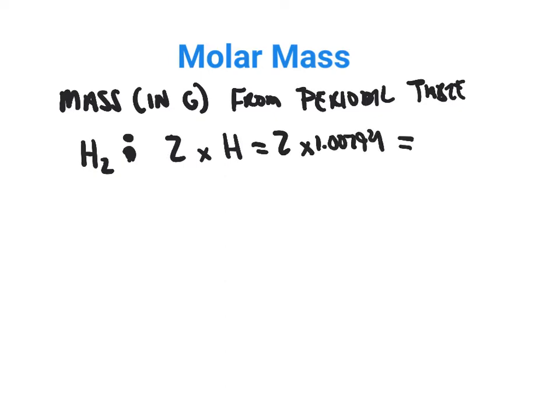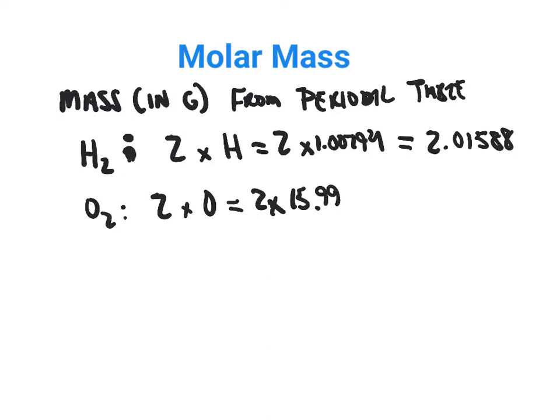So the molar mass, or the mass of 1 mole of H2, is equal to 2.01588. Or the molar mass of O2 is 2 oxygen atoms times O. It's 2 times 15.9994, which is equal to 31.9988. These are both grams.